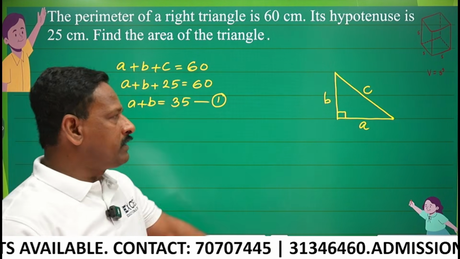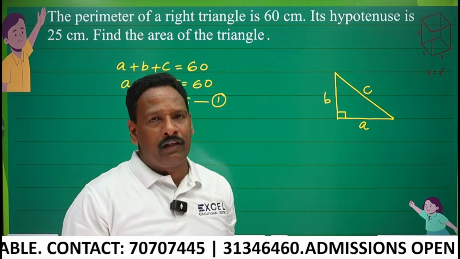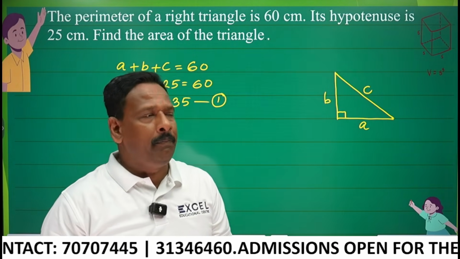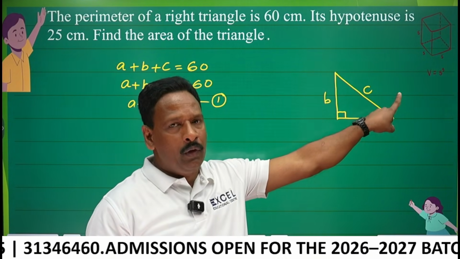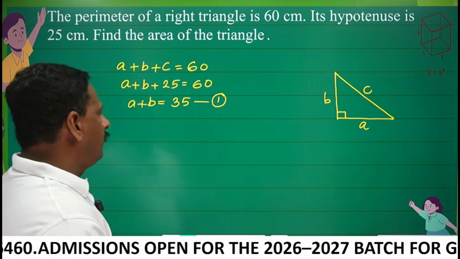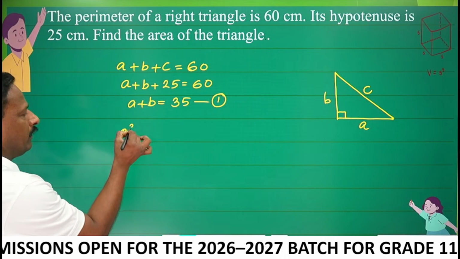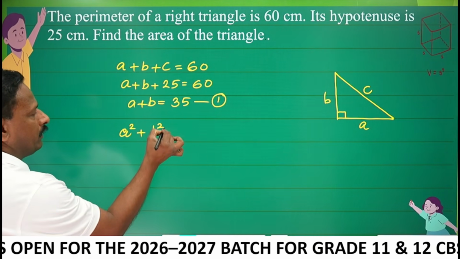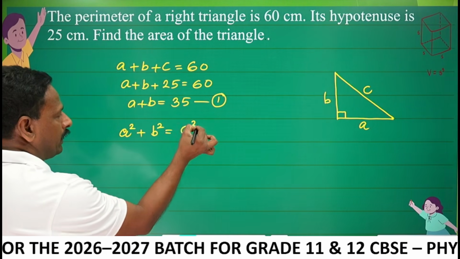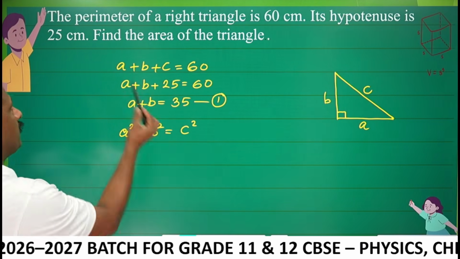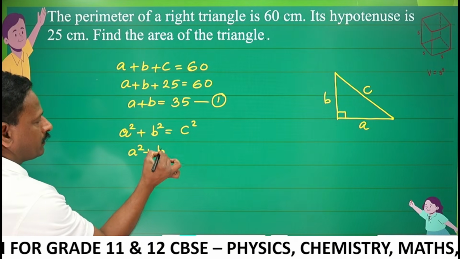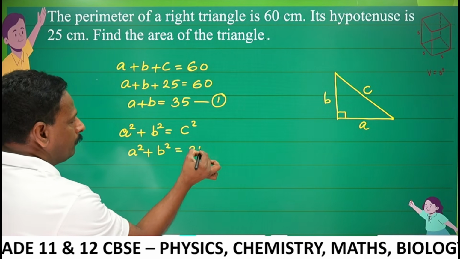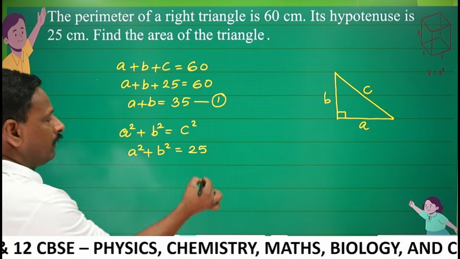Now this triangle is a right angle triangle, so you can apply Pythagoras theorem. Pythagoras theorem is base square plus height square equal to hypotenuse square, that is A square plus B square equal to C square. And C is given as 25, so A square plus B square equal to 25 square.